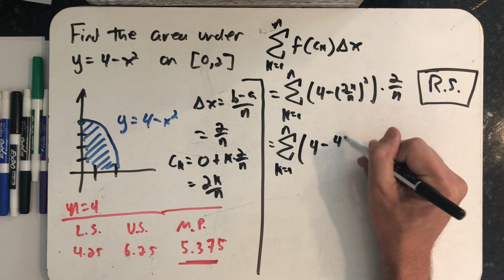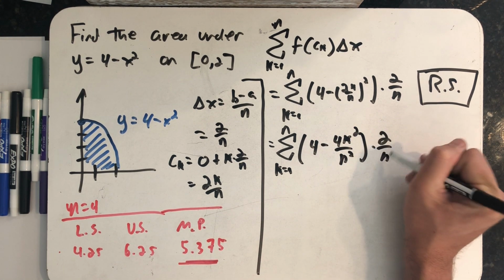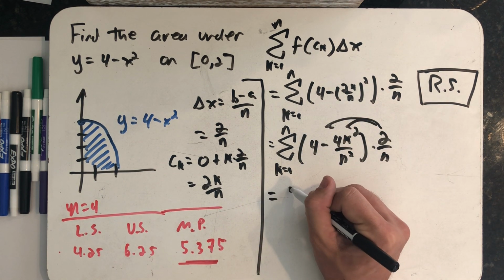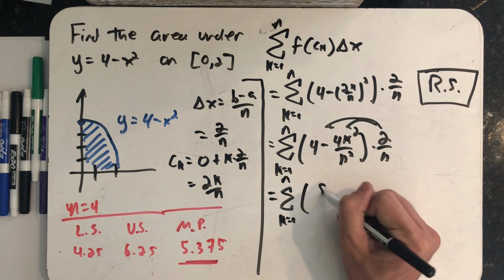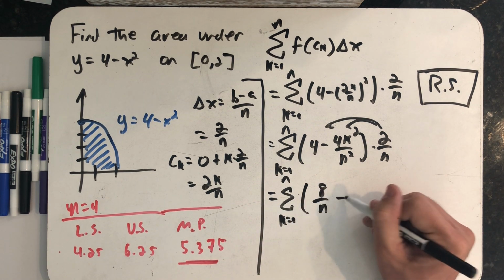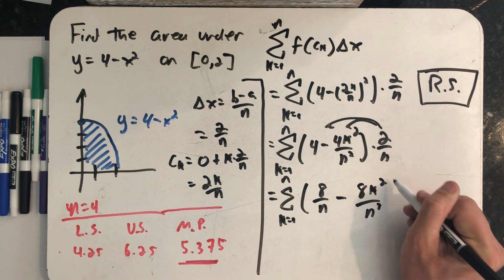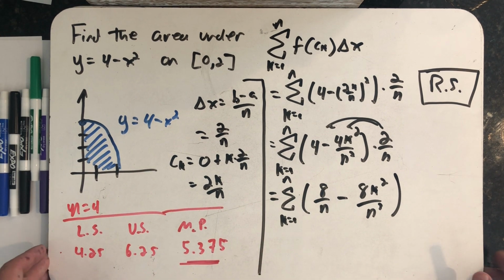Four minus 4k squared all over n squared, still times 2 over n, and now I'll distribute. Oh, let's see, 8k squared over n cubed. And now I have a sum where I really think I can start using my summation rules.